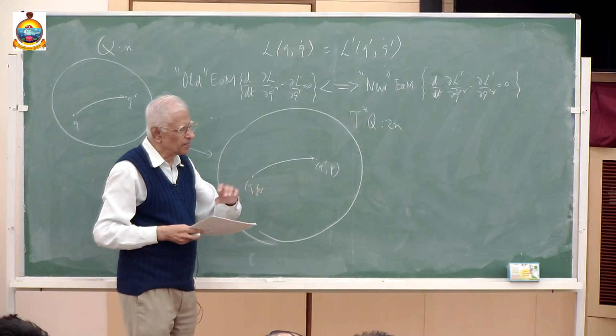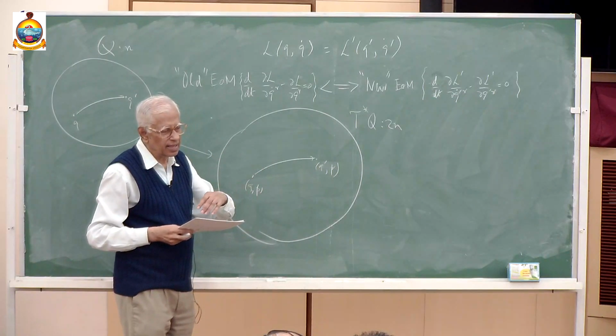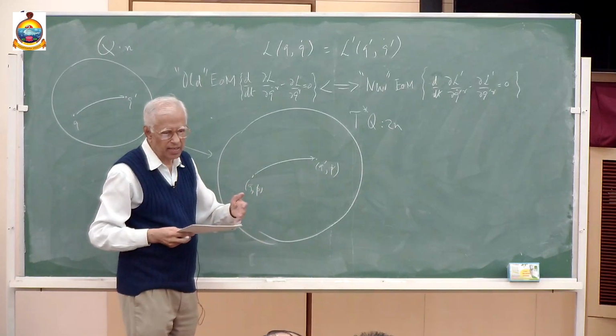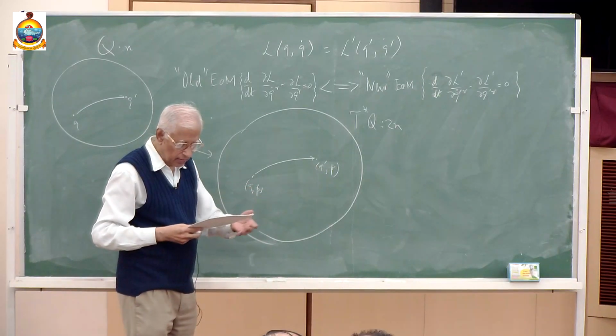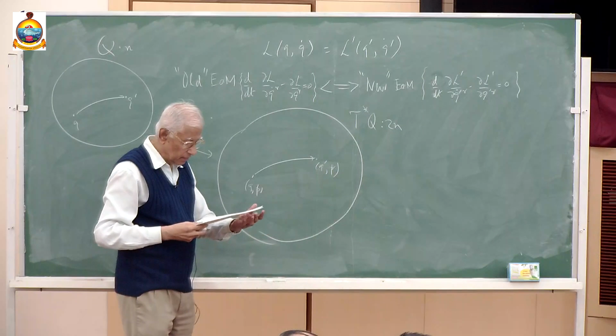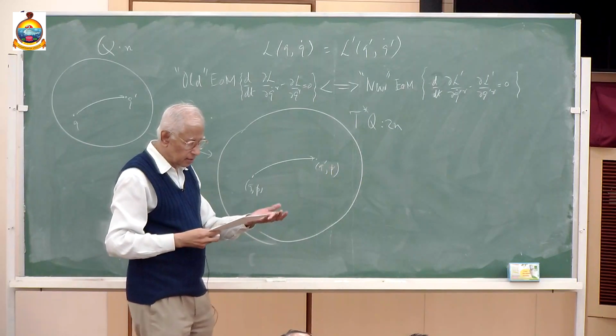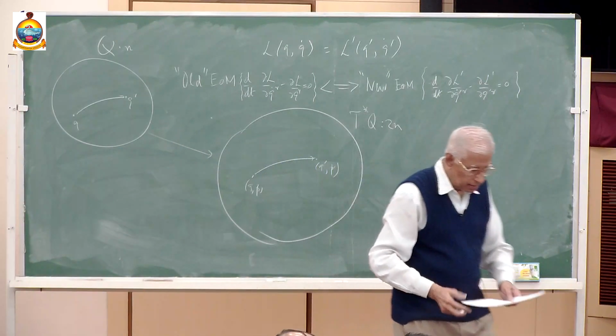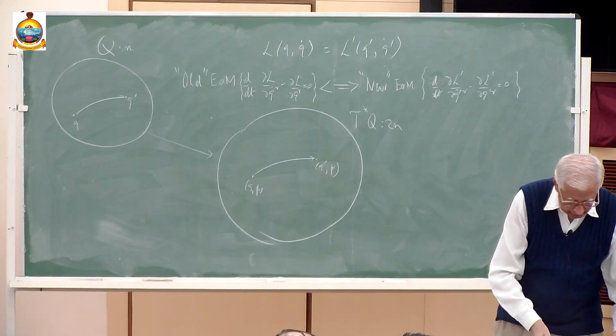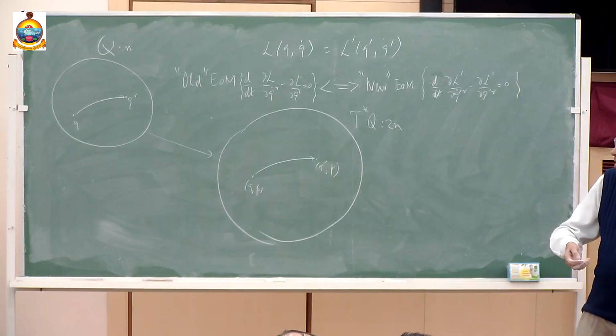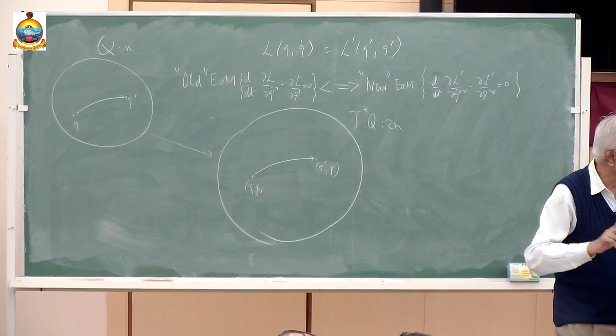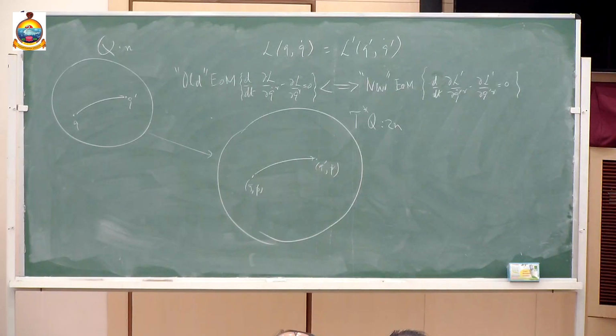Okay. Now, there are some trivial exceptions to the statement I made, but we don't have to spend time on them. All right. So, now I am going to write the conditions. Already you know that the Poisson bracket has appeared when we wrote down the Hamiltonian equations of motion.